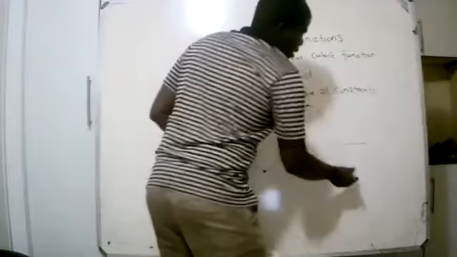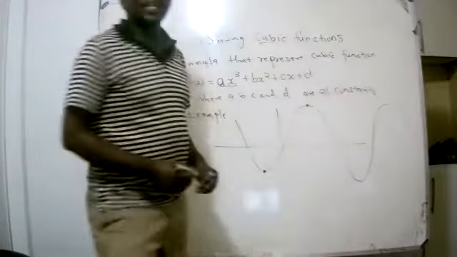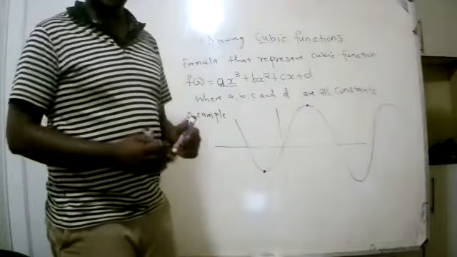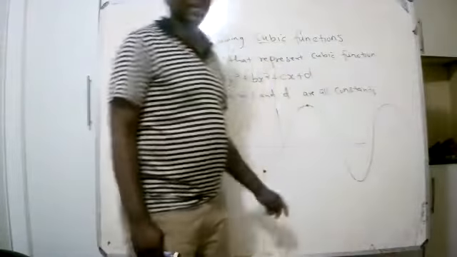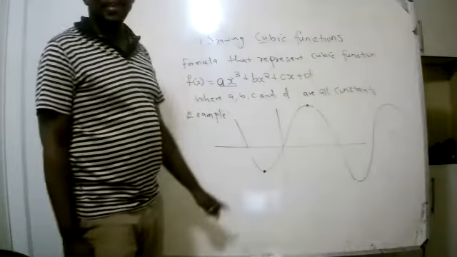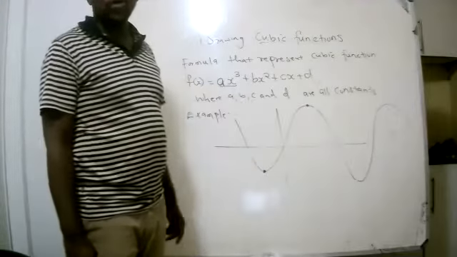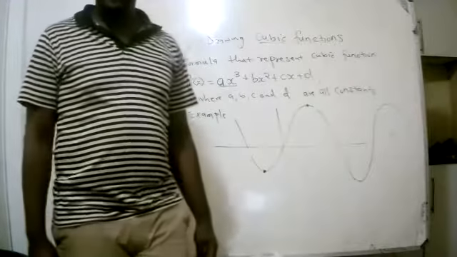Because some of you may assume that if we have another part like this, then still that is a cubic function. It is not going to be a cubic function if we have another turning point here or another turning point there. The maximum turning points for a cubic function, how many are they? There are 2. Are we together? Are you with me?